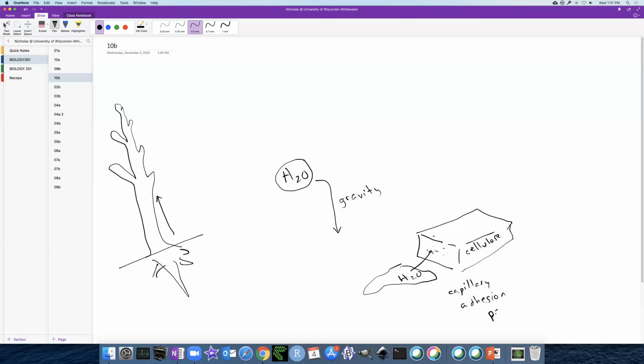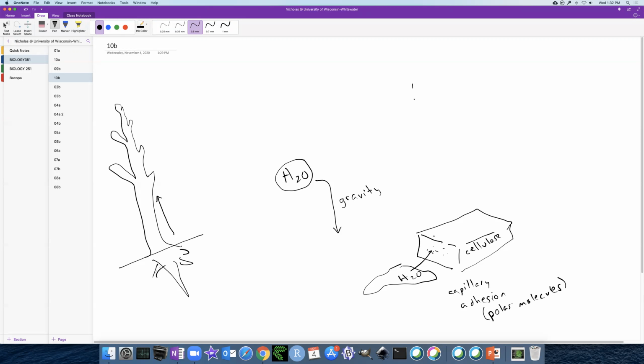So basically the interaction of polar molecules, they are friendly with each other. Water can dissolve polar molecules. Water can also stick to polar molecules. And among those, cellulose can be a polar molecule. This causes water, if you stick a sponge over a puddle of water, the water will go up away from gravity into the sponge, right?